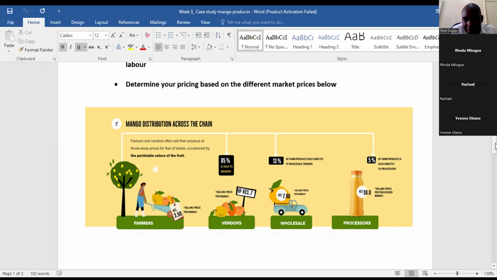Through that you'll be able to get the volume they send to the vendors. Also 13 over 100 times the 10,000 gives what we sell to the wholesalers, and then for processors, the 5%. If we do that, we can tell the volumes that they sell.